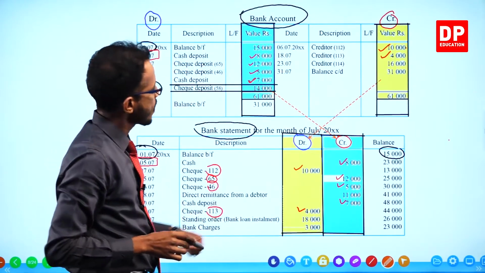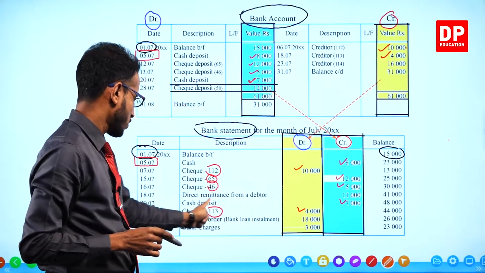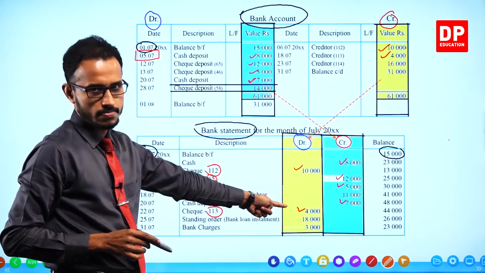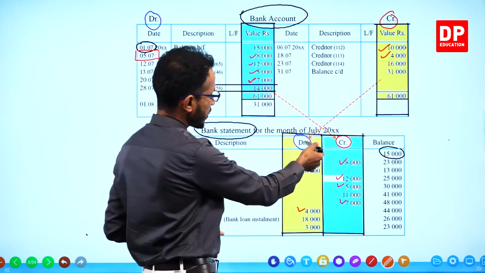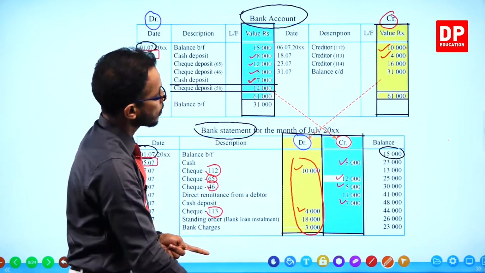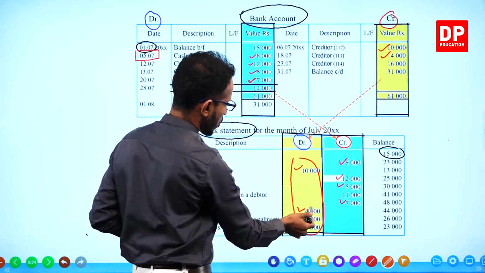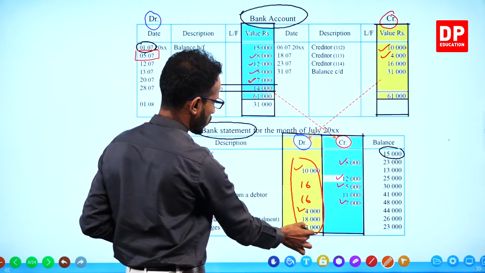Next we have creditor 114. 16,000. Check number 114, 16,000. Is it there? Nope. It's missing. Check number 114 is missing here. 16,000 is not in this column. No 16,000 anywhere.